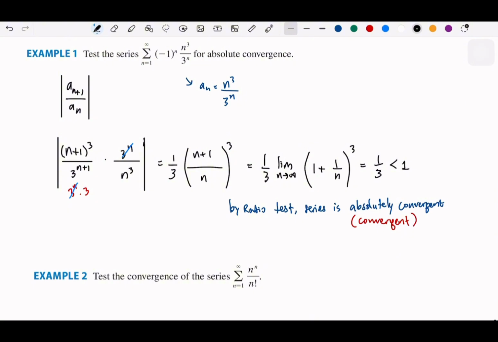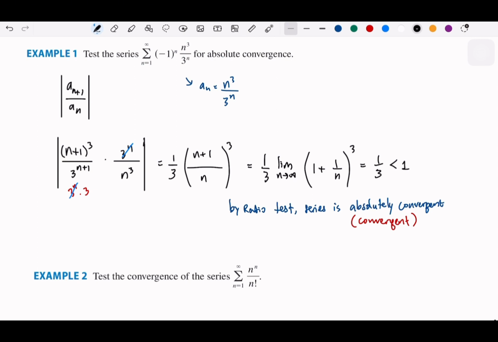Compare with the comparison test, where you need to think what series you need to compare. But here, you can just rewrite with n plus 1 and n, take the ratio, and then take the limit. If the limit is less than 1, it's convergent. If greater than 1, divergent. If equal to 1, then that's a problem. You need to check another method.